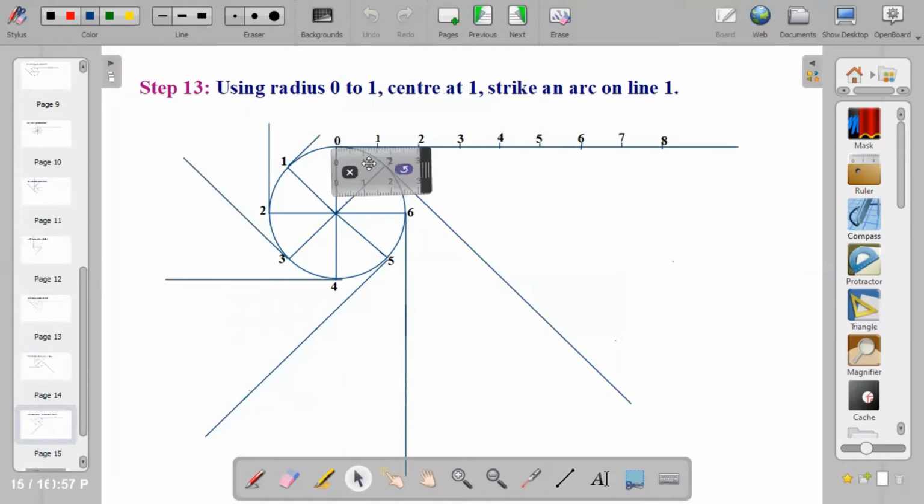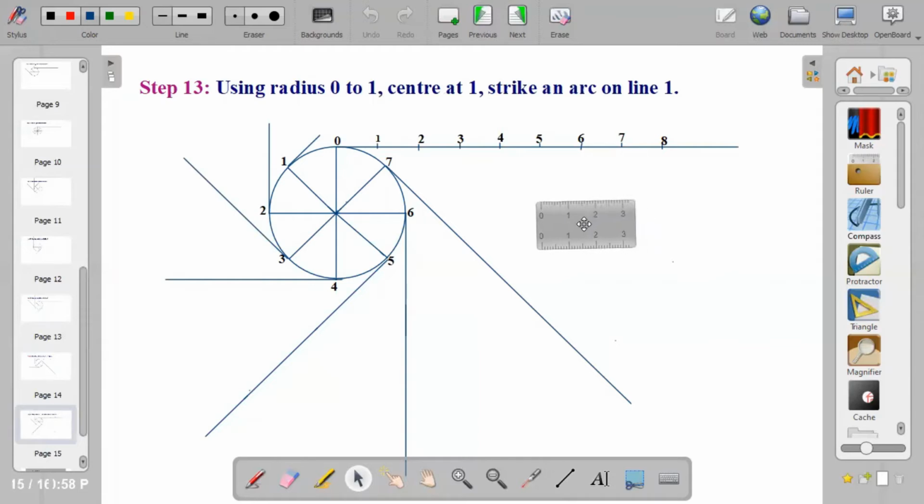When you're done with that, the next thing is to start bringing out the points for the involute. So I'm going to start with division 1. Now you bring your compass. You can do this better using your compass.